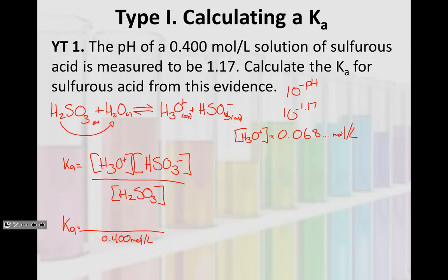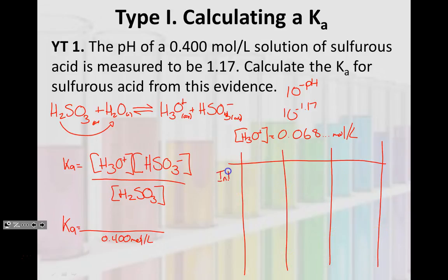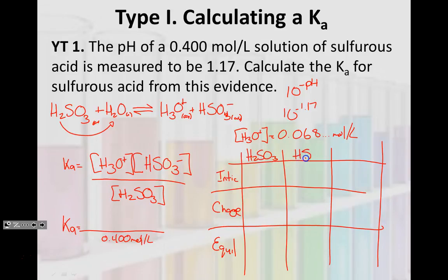And then we use an ice table to figure out the rest of the information. So this is the initial, the change, and the equilibrium of the original acid, sulfurous acid, the ion, and hydronium.